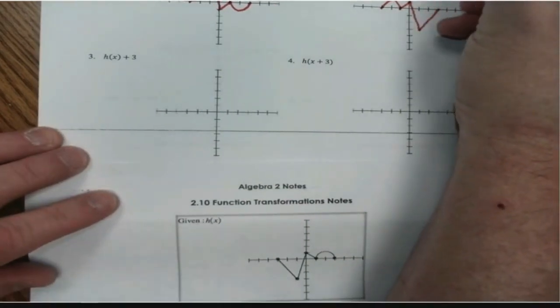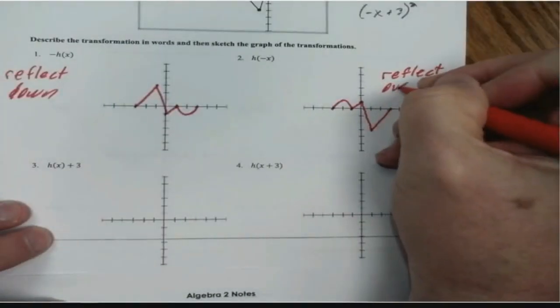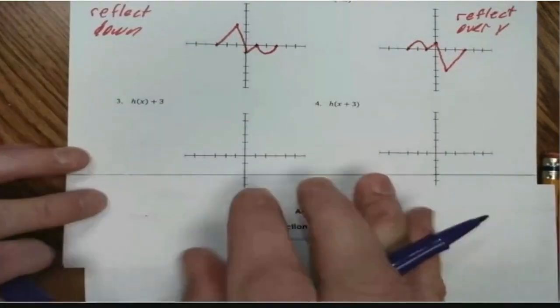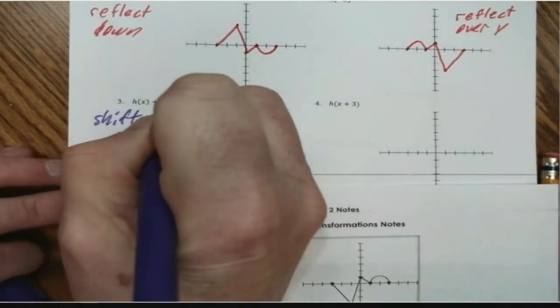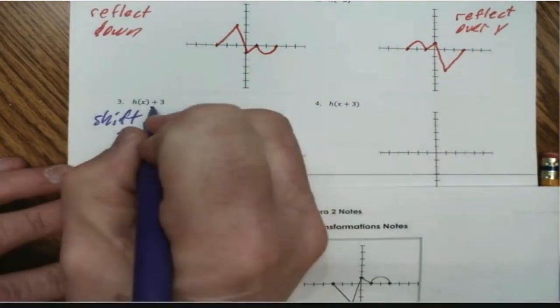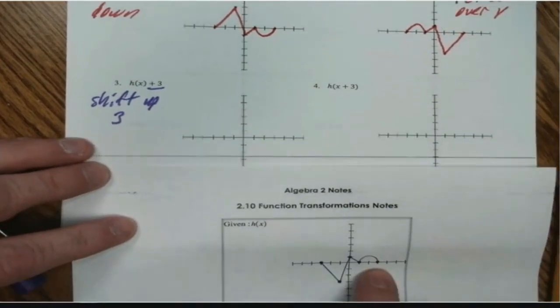I need to write this up here. Reflect over y. So this one over here, and you said shift up 3. Yeah, that plus 3 is just going to move us up 3. Every y value gets 3 added to it.